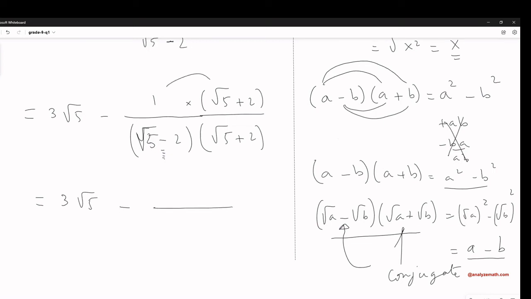Now 1 multiplied, distribution, of course, here. And now here we are going to use what we said here. So square root of 5 power 2 minus 2 power 2.